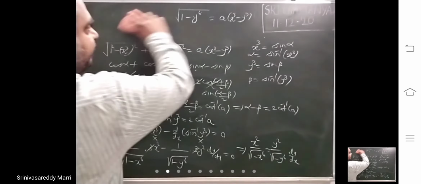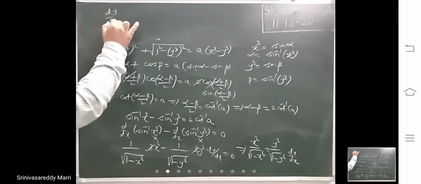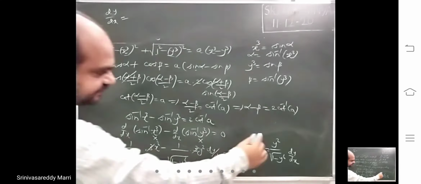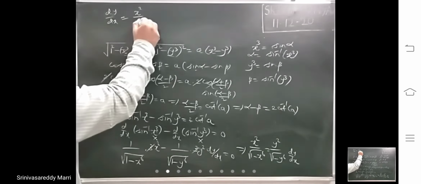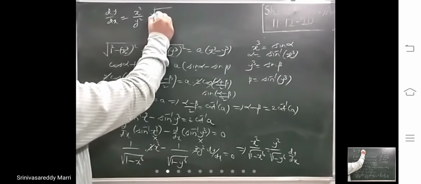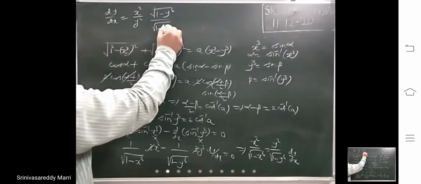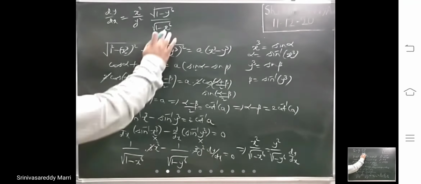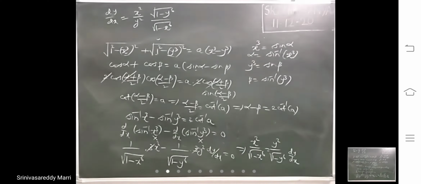That means dy by dx, bringing this side, is x square by y square into root of 1 minus y power 6 divided by root of 1 minus x power 6. This is the derivative.